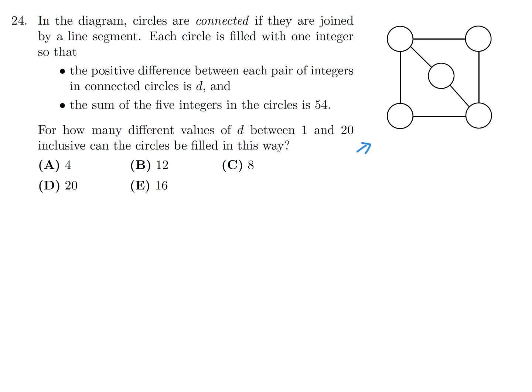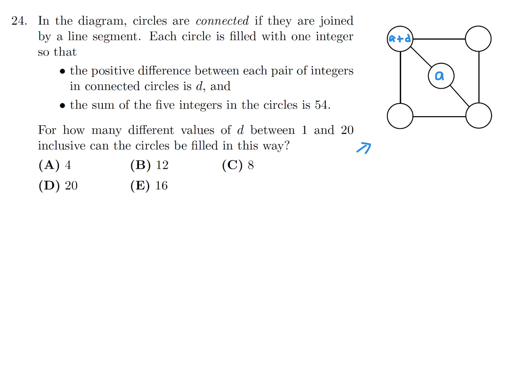So for example, let's say this was a, right? And therefore this one would be a plus d, and that satisfies that condition, that the positive difference between the numbers in two connected circles is d.